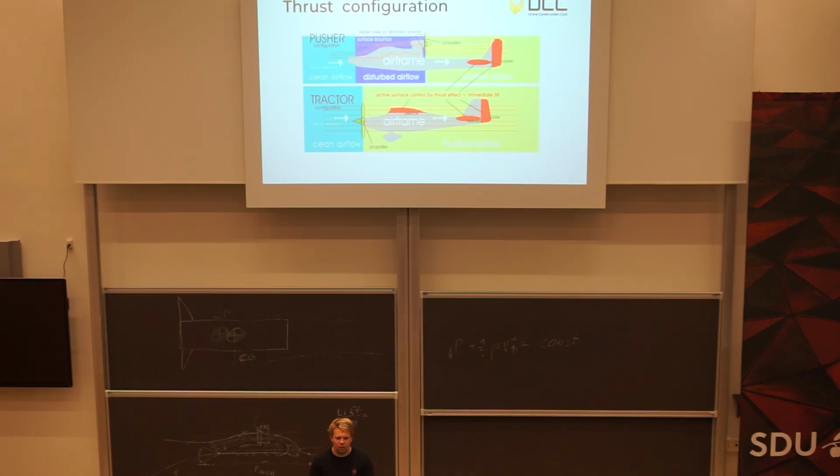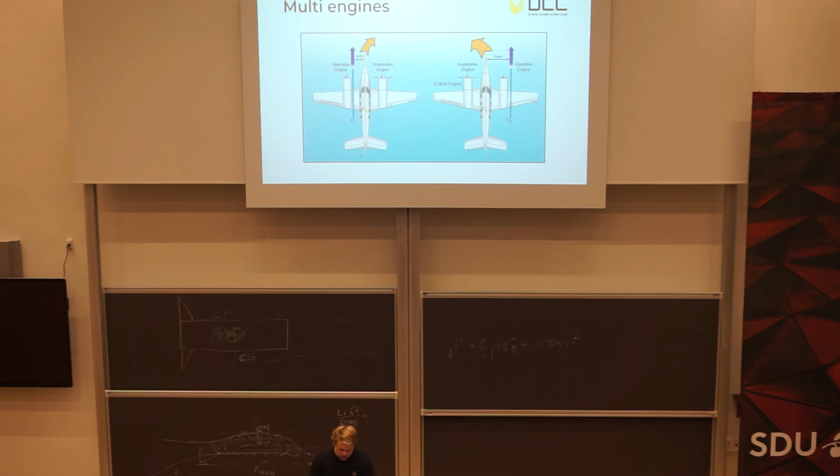You put the motor where you can while not disturbing the other parts of the airplane. With multiple engines, you get moments if you have one engine working and the other not, and you get moments also from the rotation of the props.